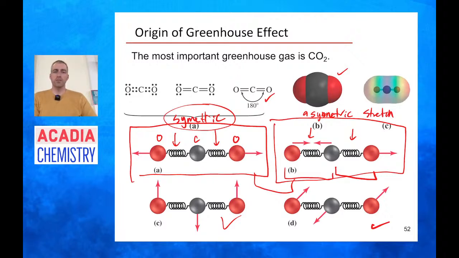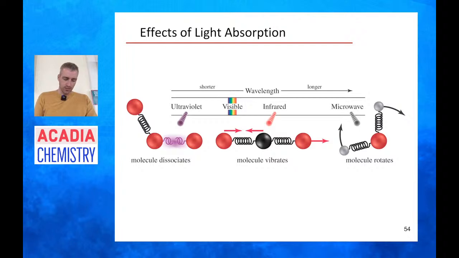Okay, so infrared light is low energy. It's associated with vibrational motion of these bonds oscillating all the time. Ultraviolet can break bonds. Infrared light causes the oscillations. Microwaves, which are in microwave ovens, are extremely low energy, way lower than infrared light. They cause molecules to rotate.